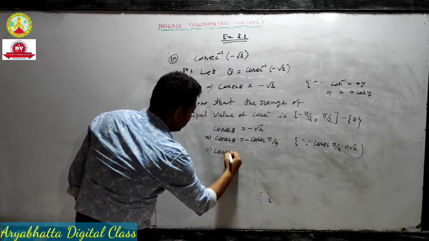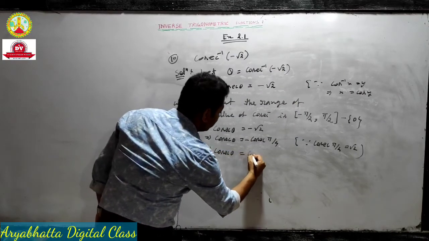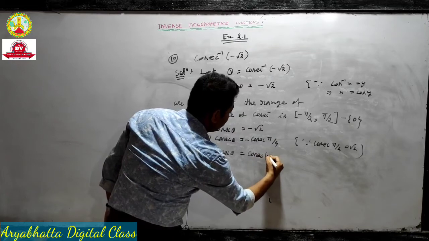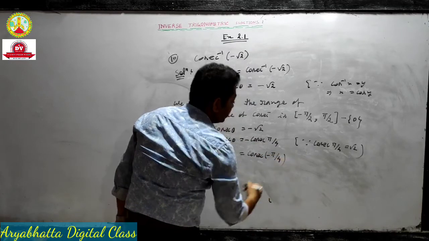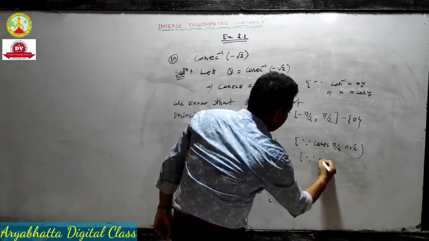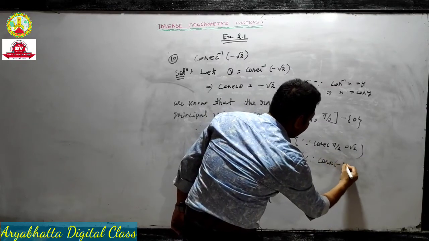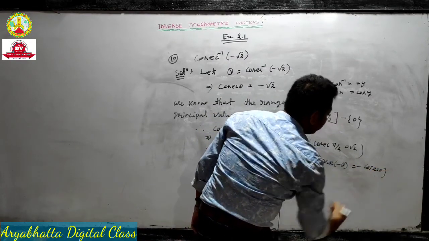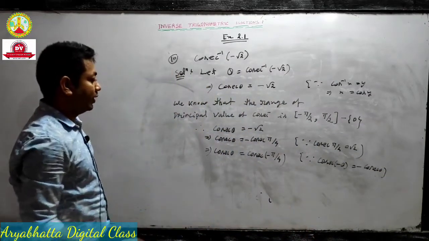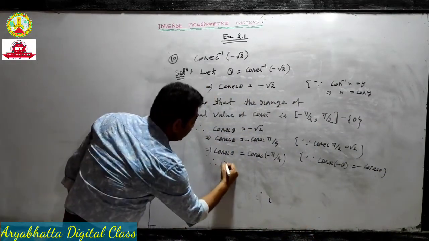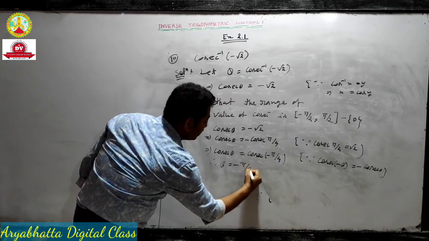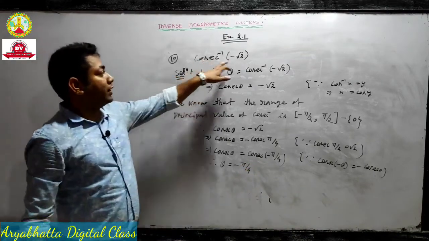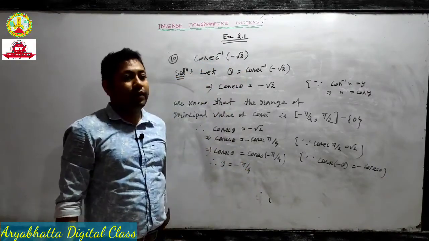This gives cosec theta is equal to cosec of minus pi by 4, since cosec minus theta equal to minus cosec theta. Therefore, theta equal to minus pi by 4. Therefore, the principal value of cosec inverse minus root 2 is equal to minus pi by 4.